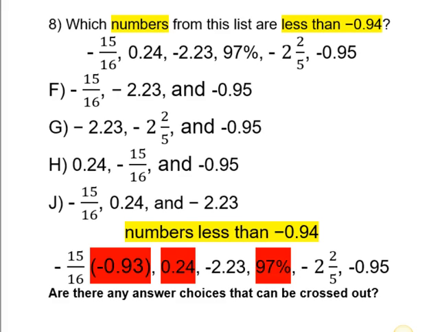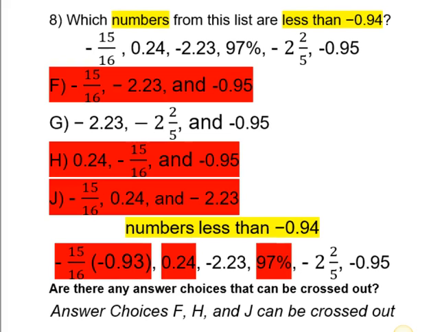All right. So in looking again at the answer choices, are there any that contain the numbers we've highlighted as greater than negative 0.94, and we can cross them out? If you said F, H, and J, you are correct.